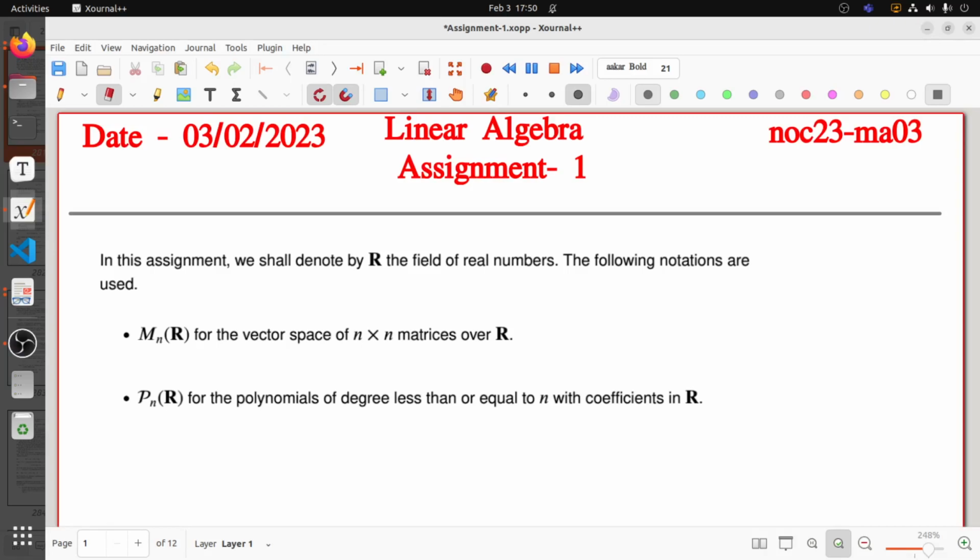It means you have to check if a is in R and u is in V, meaning R plus, a positive real number, then a dot u should be in V equals R plus or not. So what is the definition for a dot u? a dot u is u to the power a, and u is positive.